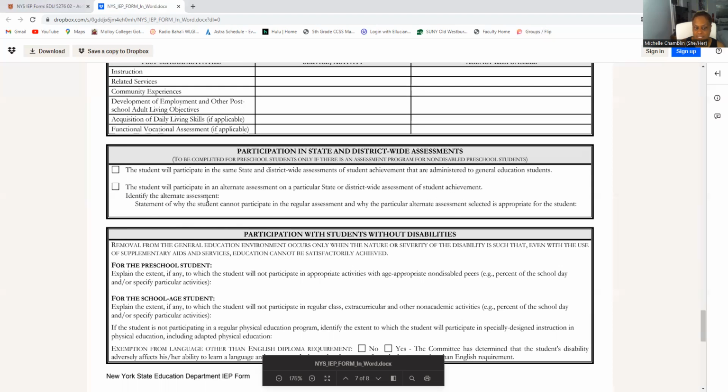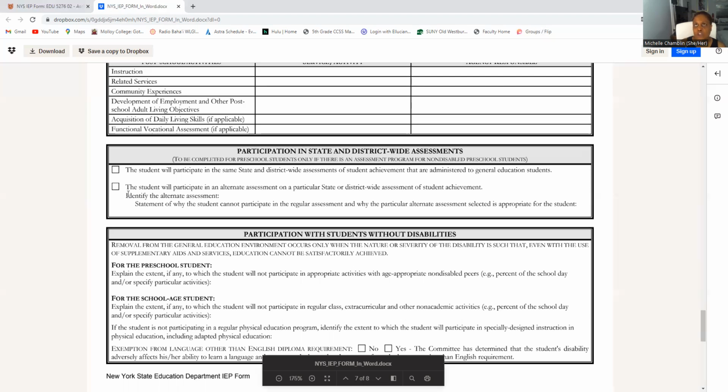So the majority of students that our programs serve, so many students now are taking the state and district-wide assessments. So we have some students who are in other schools, and many are not in the local schools right now.